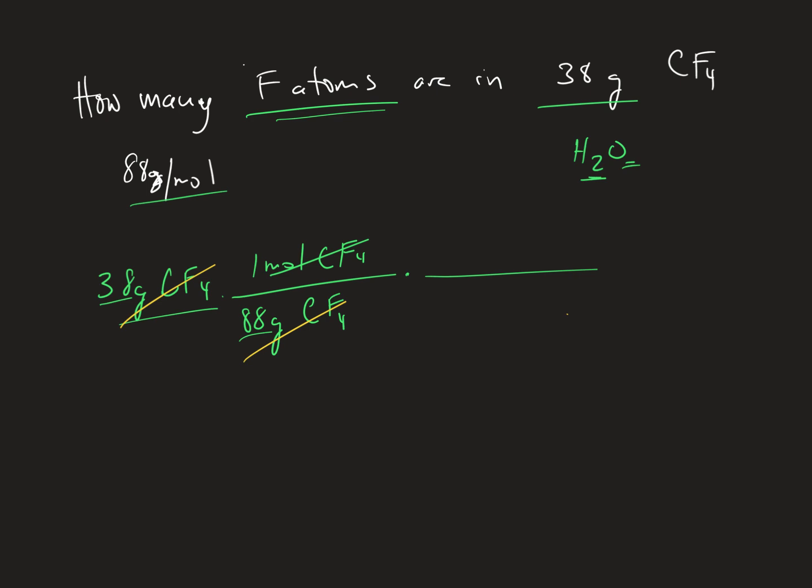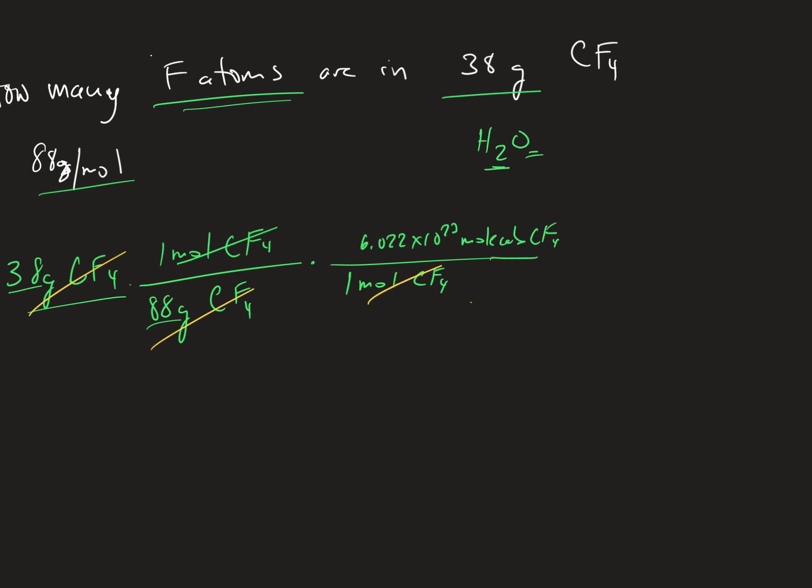I'm going to do it slightly different. It's the same math, but watch. If we have 1 mole of CF4, we have 6.022 times 10 to the 23 molecules of CF4. Does that make sense in your mind? Yes. Okay. And so this goes away. And if we have 1 molecule of CF4, how many fluorine atoms do we have?